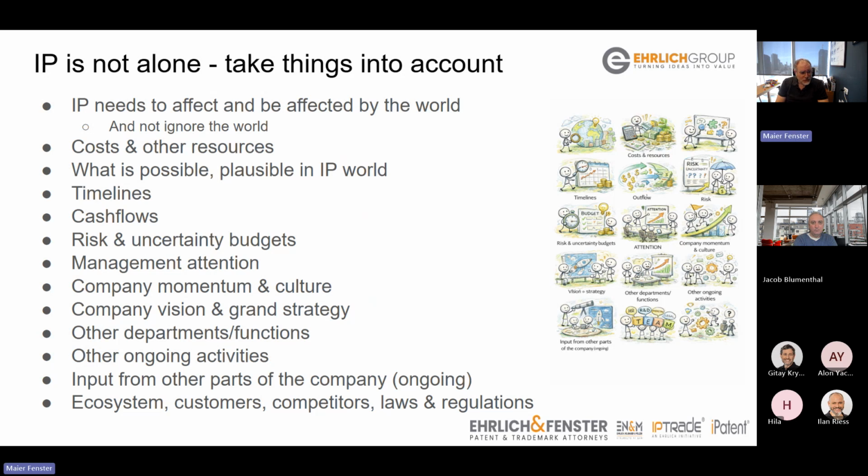Why is it so complicated to do IP? Because IP is never by itself. You need to affect the real world, so you can't ignore it. IP costs money and other resources, which have to come from somewhere. Not everything you want to do is possible. There's time issues, cash issues, risk and uncertainty budgets.